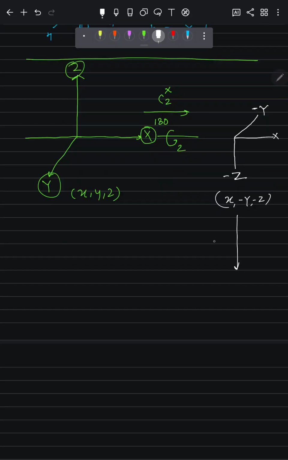And if we again do the same along the y-axis, C2 along the y-axis, then y will remain in the same position, this x will go from here to here, and this z will go up. So z will go up and x will become minus x. So the final coordinates are minus x, minus y and z.